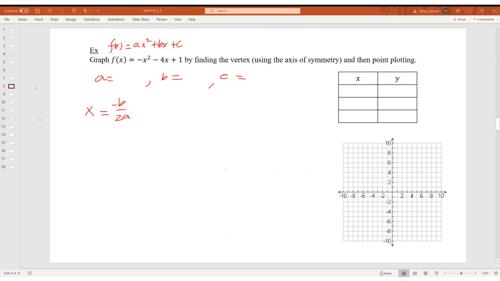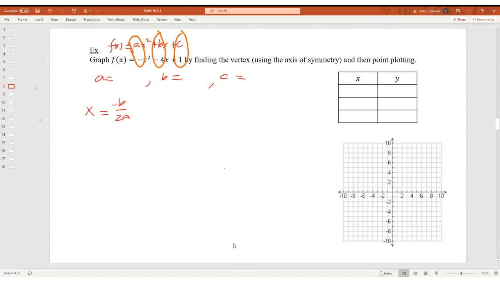Three. No, let me show you. Just let me circle it, and if we can see it. Can you guys see that?